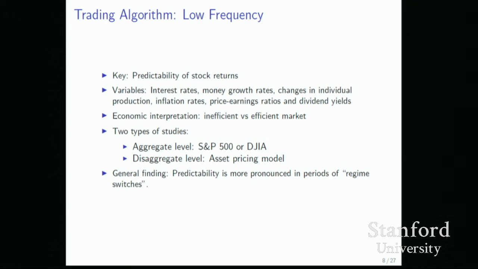So in the low frequency, predictability of stock return is the key, and there are some very macro studies that talk about how you can predict the stock returns using the variables that I mentioned here: interest rates, money growth rates, inflation rates, and at the company level you can use price earning ratios and dividend yields.